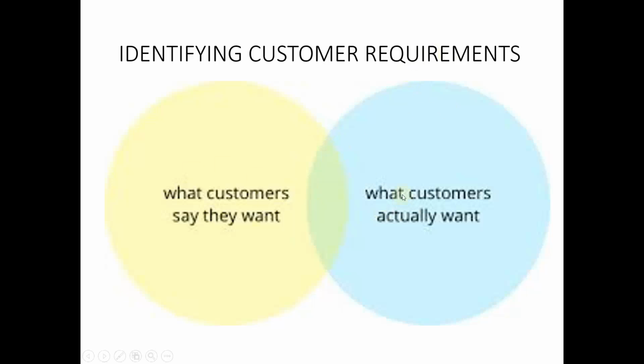So this shows that only this intersecting area or this portion is what is actually gathered as information during the customer requirement collection, because customers say their requirement, but they might not be very clear about the requirements, so that they mean something else, and those who are going to collect the requirements may gather only this much relevant information.